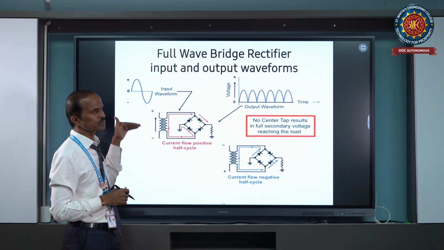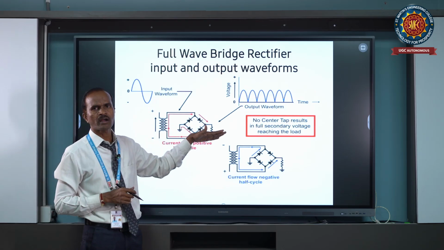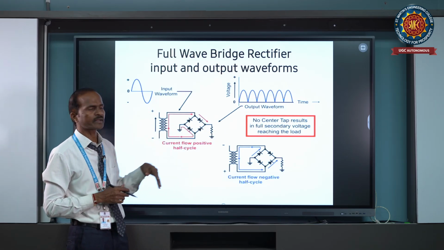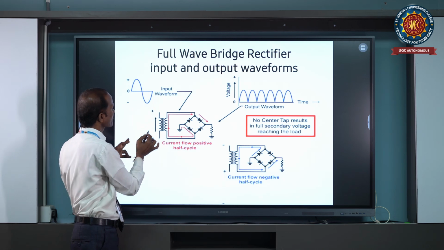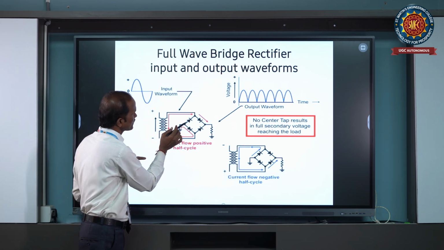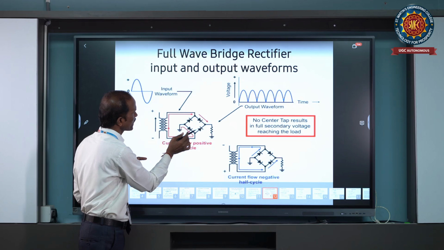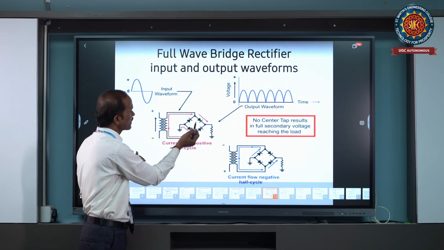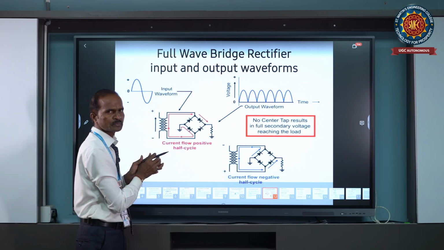Next, during the negative half cycle, what is the condition of the output voltage of the rectifier? During the negative half cycle of the input signal, this diode and this diode, these two diodes become forward biased and the remaining two diodes are in reverse bias condition.